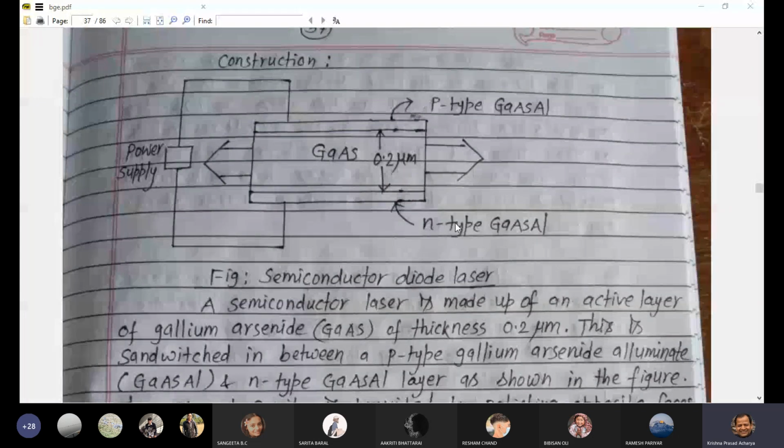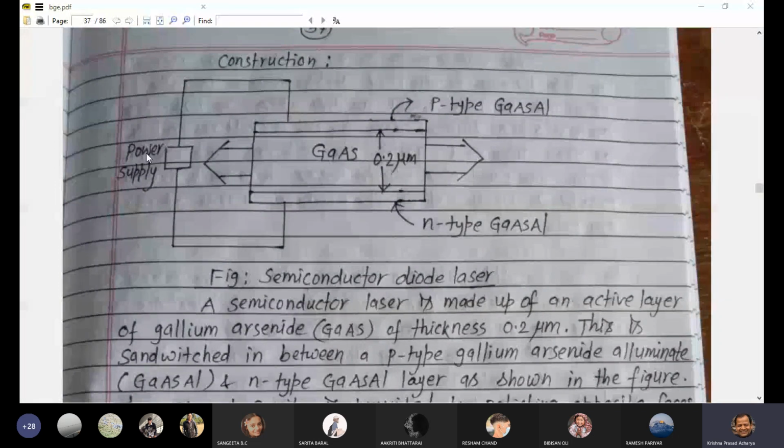To produce resonance for amplification, the resonant cavity is provided by polishing the opposite faces of the crystal. When the opposite faces are polished, multiple reflection occurs, by which amplification occurs. And the pumping is done with the help of power supply.